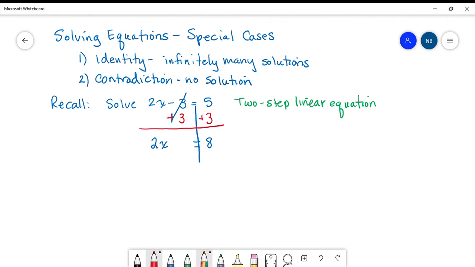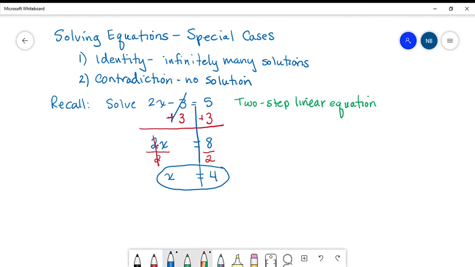2x equals 8. 2 is being multiplied by x, so I need to make a 1 in front of the x instead. So I divide both sides by 2, and I get 1x equals 8 divided by 2, which is 4. Now this is not a special case.